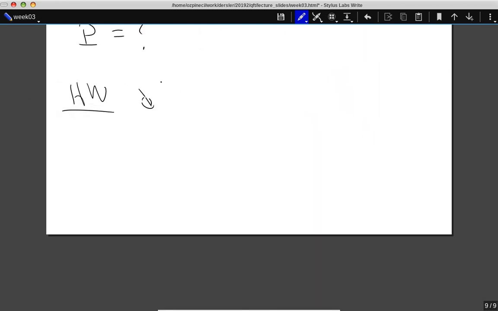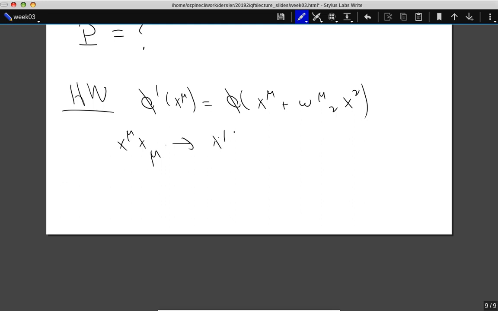Now, another part of your homework: let's consider a symmetry. Phi prime of x will be phi of x, let me put the components, x mu, is phi of x mu plus omega mu nu x nu, such that x mu under this transformation goes to x mu.